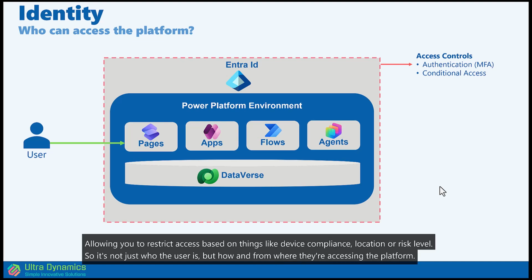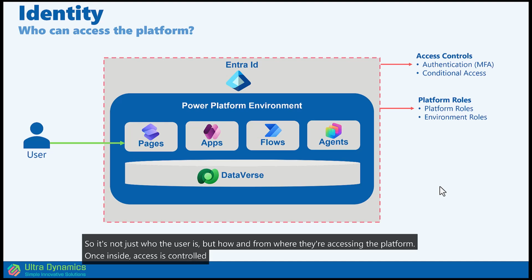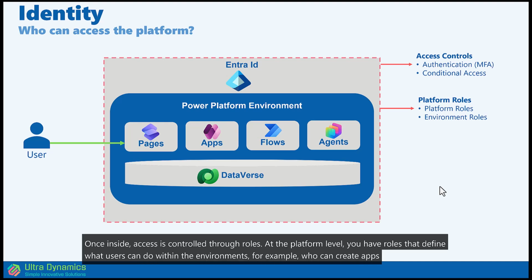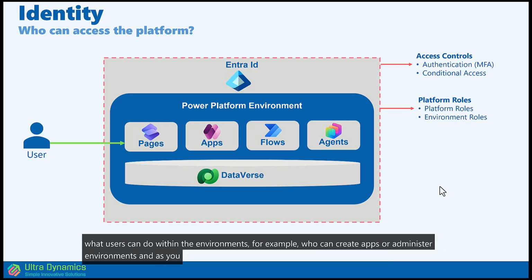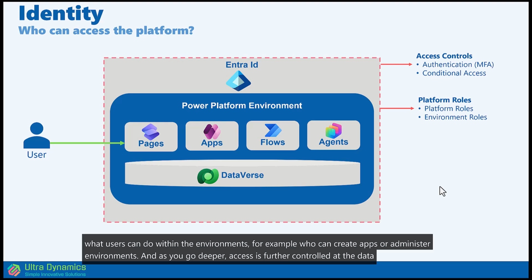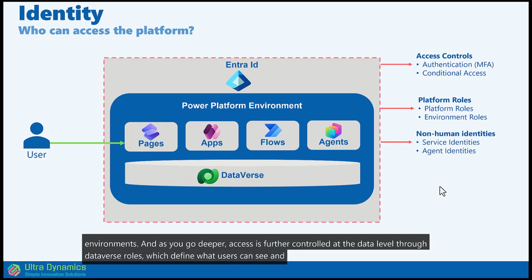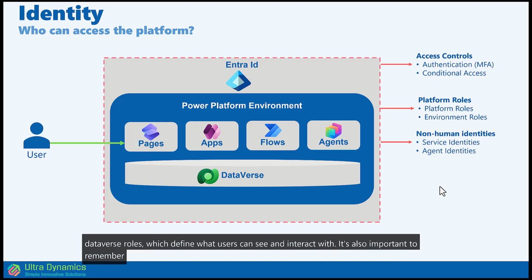Once inside, access is controlled through roles. At a platform level, you have roles that define what users can do within the environments, for example, who can create apps or administer environments. And as you go deeper, access is further controlled at the data level through Dataverse roles, which define what users can see and interact with. It's also important to remember that identity isn't just about users.